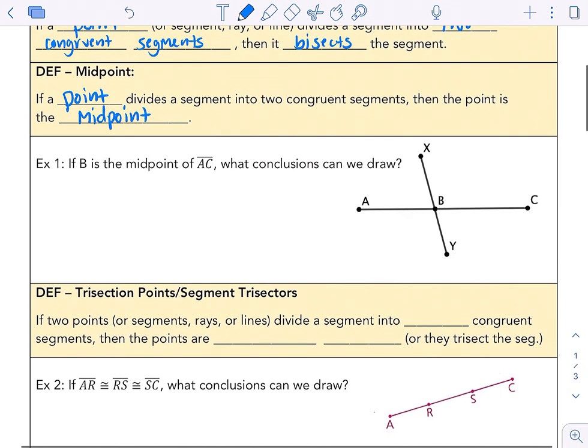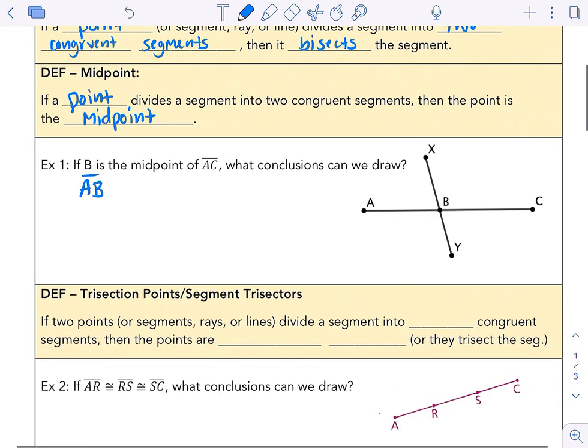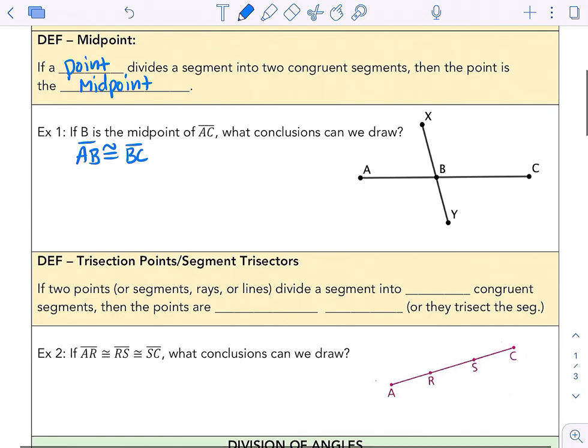So a couple of things that hopefully you noticed. The most direct conclusion of a midpoint, if it says B is the midpoint of segment AC, is that the two pieces of AC, AB and BC, are congruent. So a main conclusion is AB is congruent to BC. But also, as we talk about our notation, we could also say that B bisects segment AC.